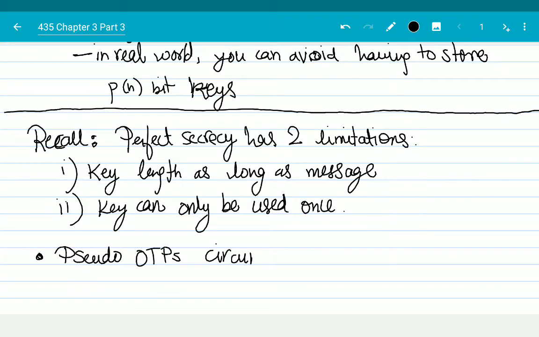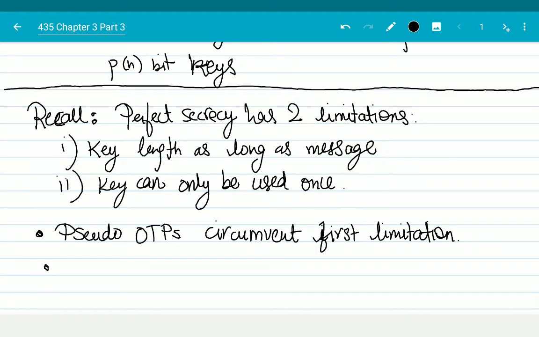However, the second limitation still exists.